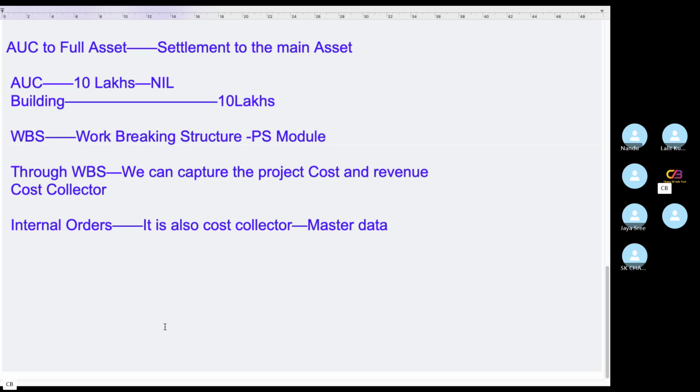So any specific event, we need to capture the cost. Like in a company, there is a cricket tournament happening. For the cricket tournament, some expenditure will happen, right? This is one kind of specific event. For that specific event, the total cost should be captured through internal orders. In an internal order there will be a budget. So whatever the budget for the specific event is, that budget will be assigned.